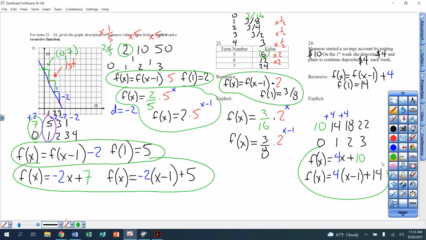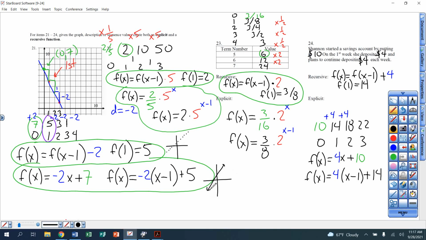I want you to know that these graphs have special looks to them. Any graph that's recursive and arithmetic is going to be straight line dots. Any graph that's explicit and arithmetic, straight line.